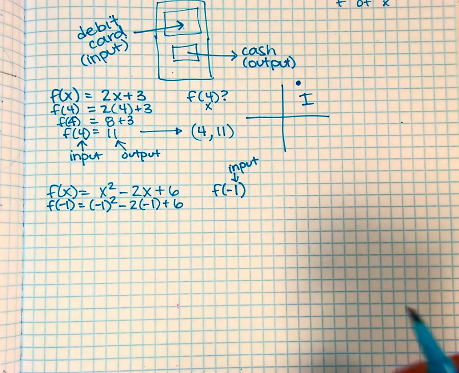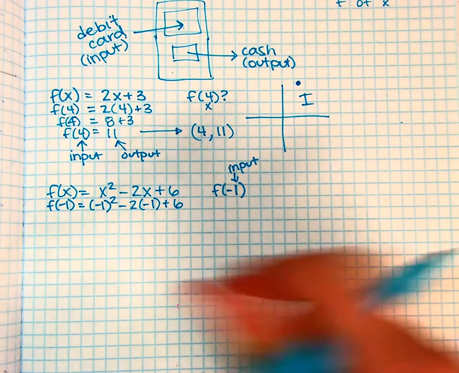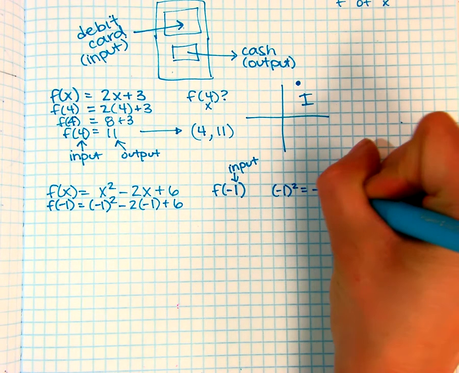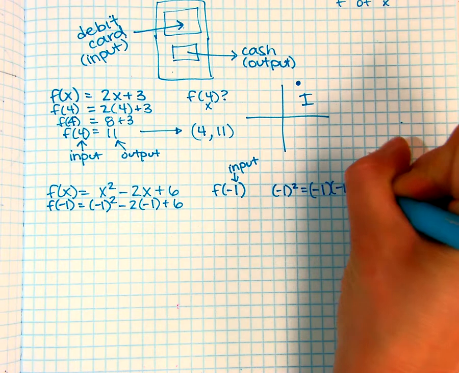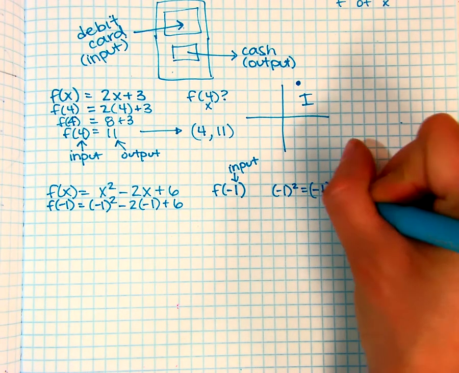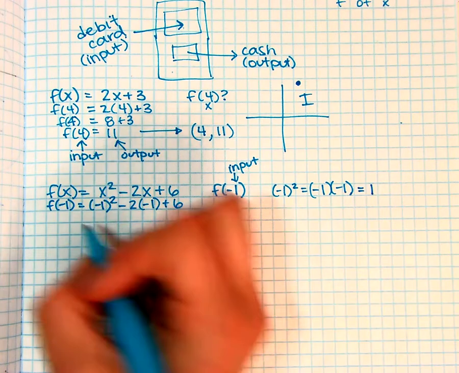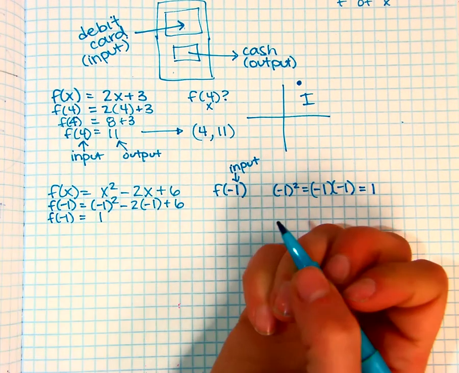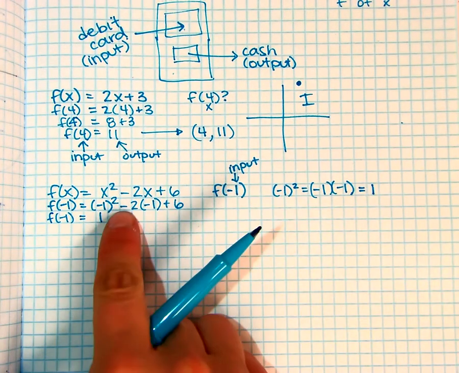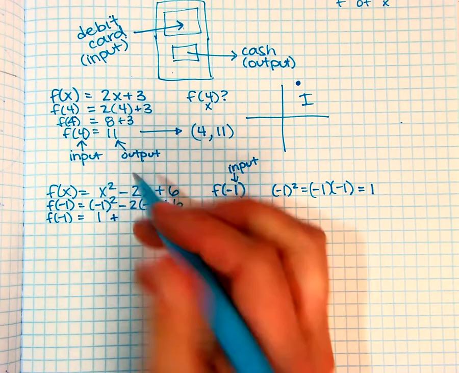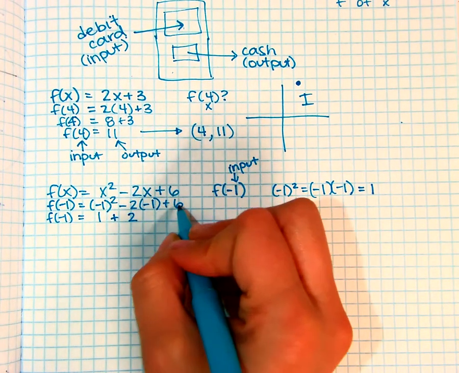Now let's quickly remember what is negative 1 squared. It is negative 1 times negative 1. Two negatives make a positive, and 1 times 1 is 1. So this evaluates down to 1. Negative times a negative is positive. 2 times 1 is 2, plus 6.